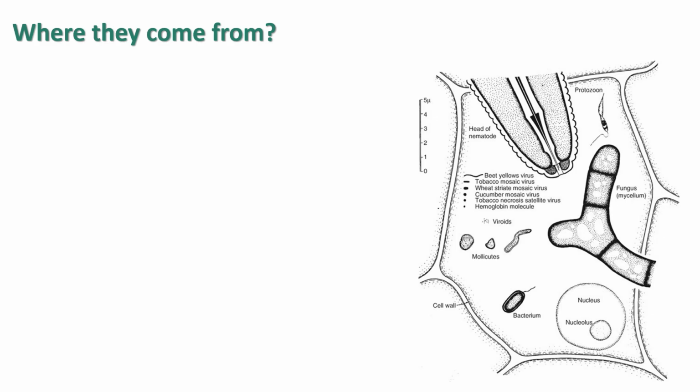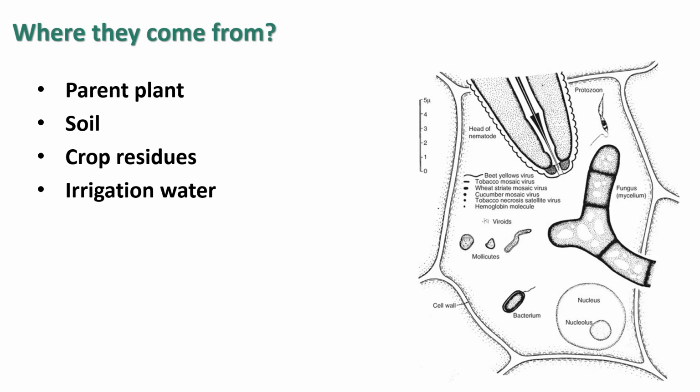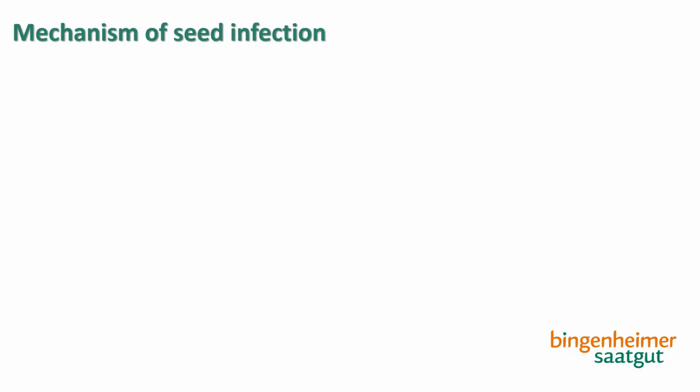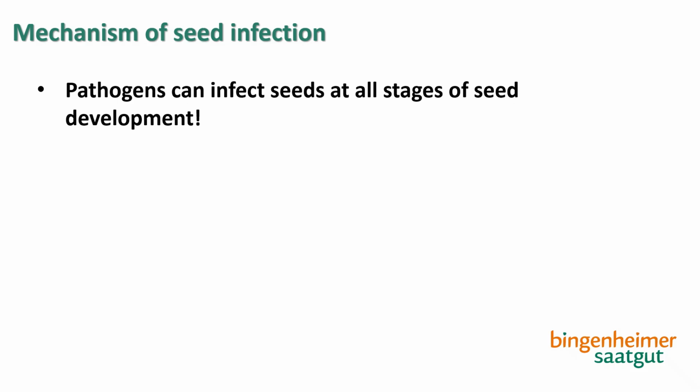Where do seed-borne pathogens come from? The sources are diverse, and they include the parent plant, soil and crop residues, irrigation water, other crops, weeds, and insects, which can be vectors of pathogens. Pathogens can infect seeds at all stages of development.